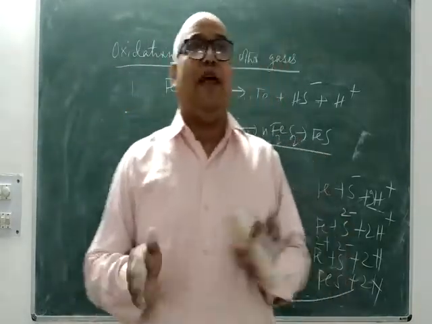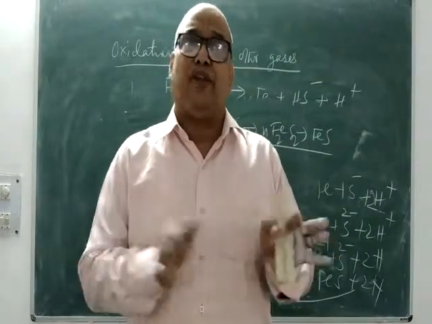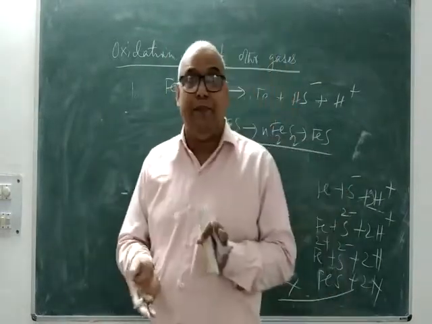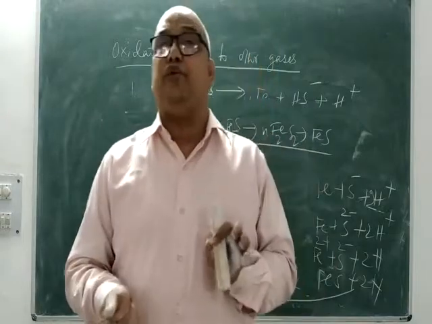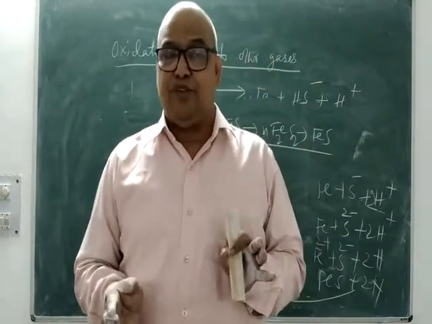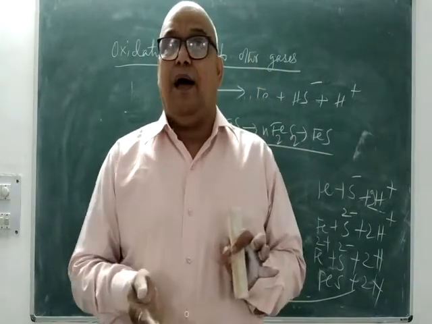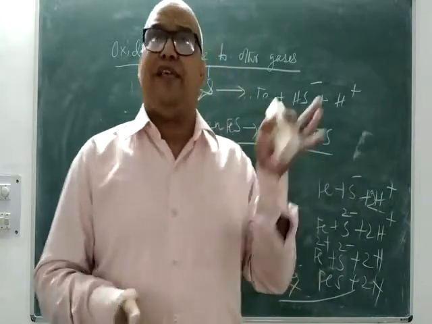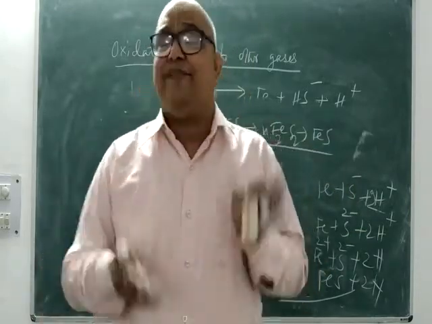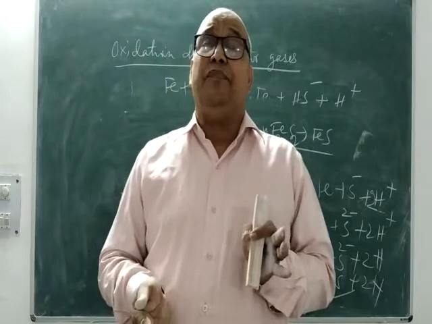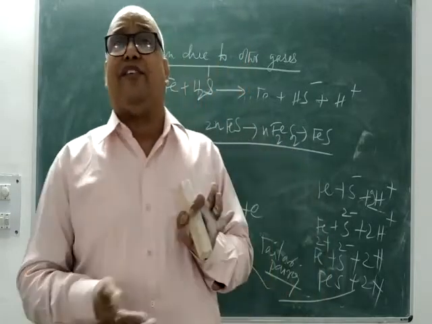To summarize, we have seen there are three kinds of layers that may be produced due to oxidation by other gases. Number one is oxidation where the layer is stable in nature, as in the case of silver chloride. The second is if it is volatile, as in the case of SnCl4.